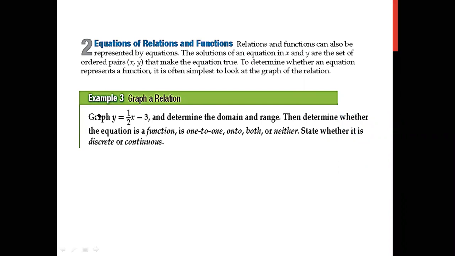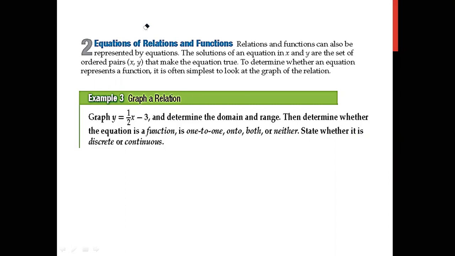For example, I have the equation y equals half of x minus 3. Number 1, I want to learn how to graph this function. Then from the graph, I can determine whether this is a function or not. I can find the domain and the range of the function. I can know if this is one-to-one or onto or both or neither. I can state whether this is a discrete or continuous function.